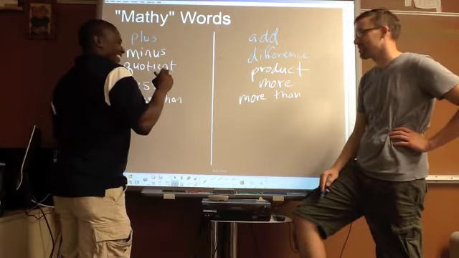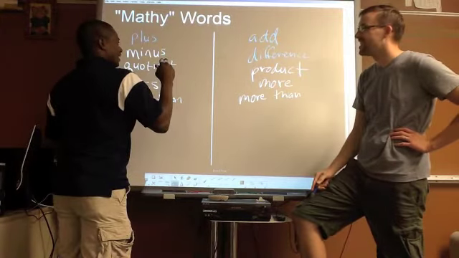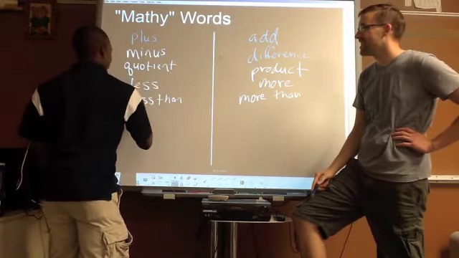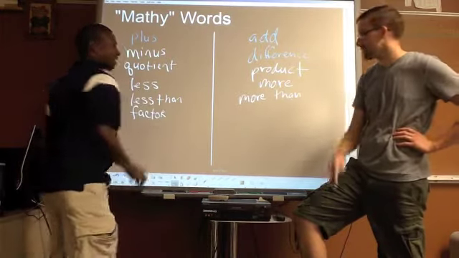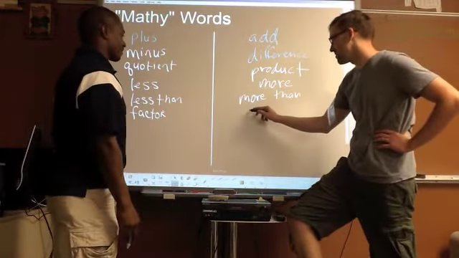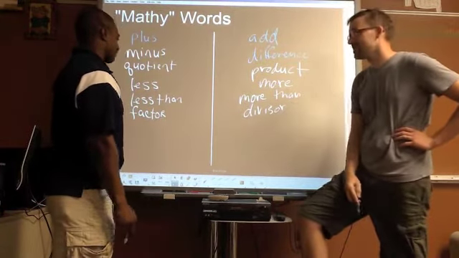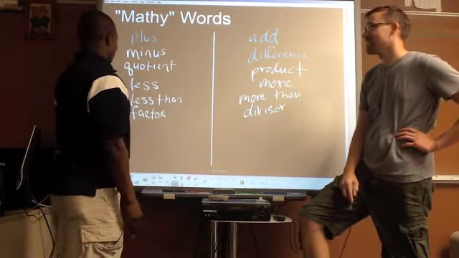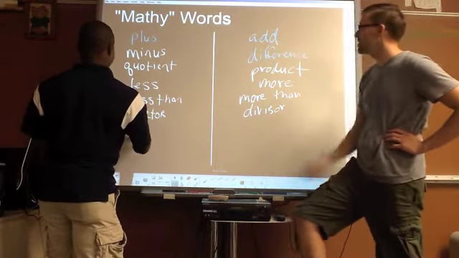You can pass if you want. Let's go the factor. Factor being a thing that gets multiplied. I'll go divisor. Man, it's getting hard now. Add. Nope, I did add.